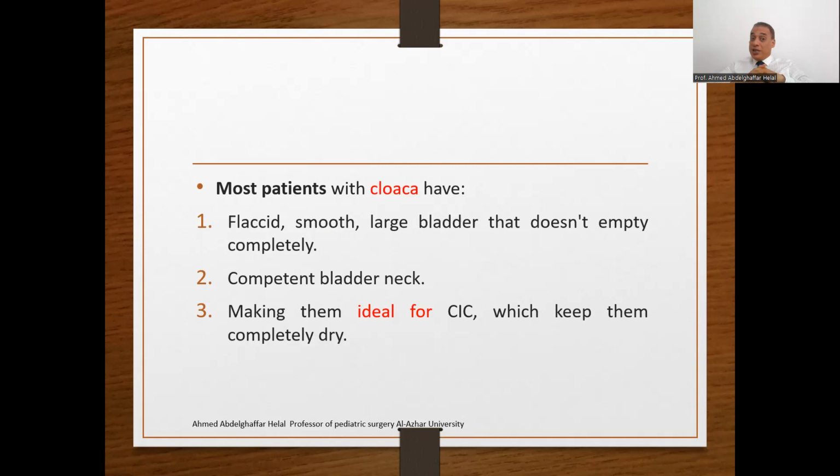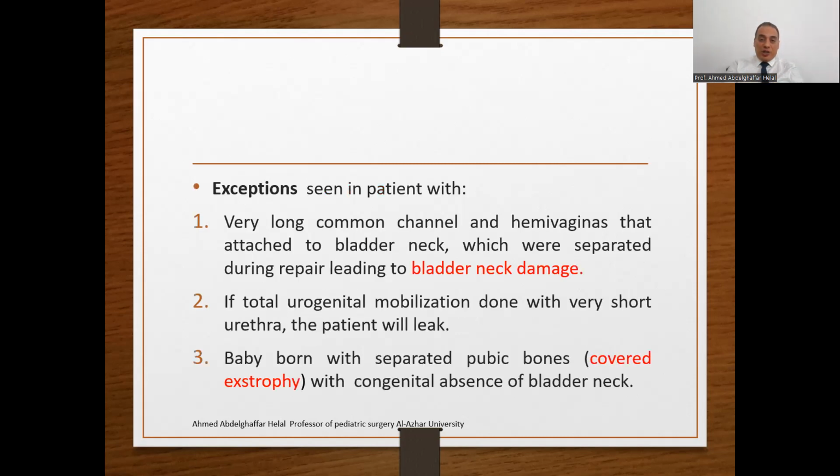However, surprisingly, they have a competent bladder neck, making them ideal for clean intermittent catheterization, which keeps them completely dry. So this is a cloacal malformation. The exceptions to this rule are when we have a very long common channel and 2 hemivaginas that attach it to the bladder neck, which were separated during the repair, and there may result in bladder neck damage.